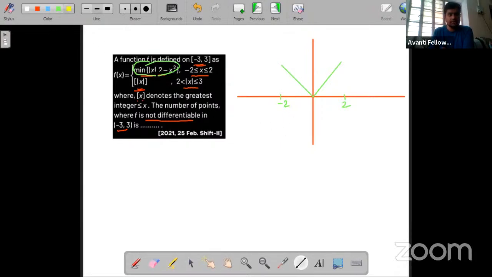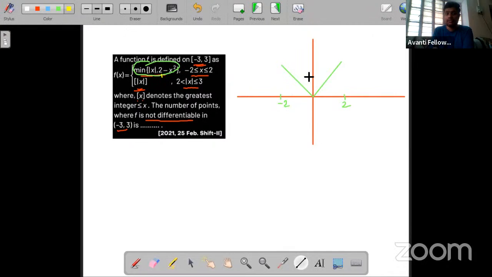And the next graph is 2 minus x square. Okay, so one by one we'll draw it. First of all, if there is only x square, then we'll draw like this. Clear? Then minus x square means taking reflection with respect to the x-axis. Then we have to add 2. So adding 2 means shifting vertically 2 units.